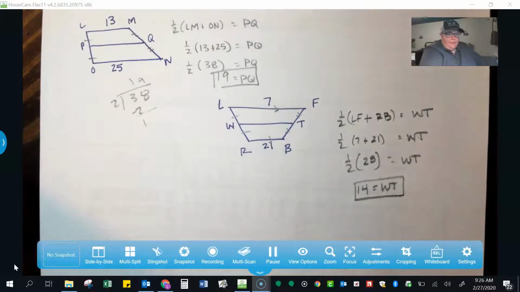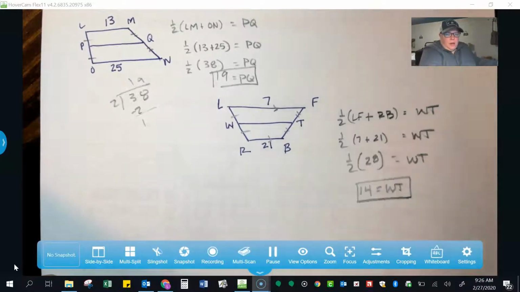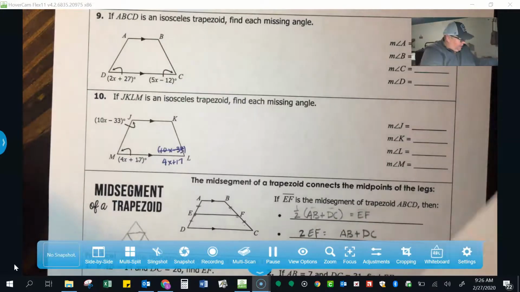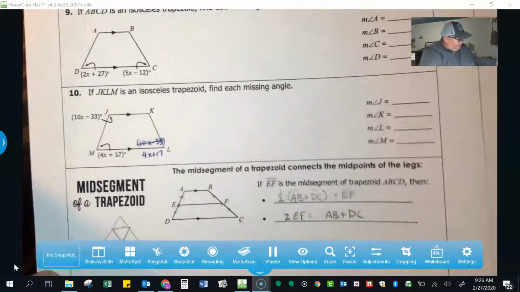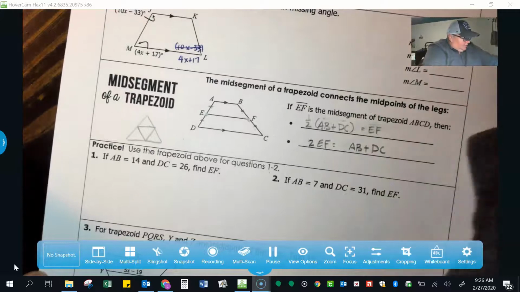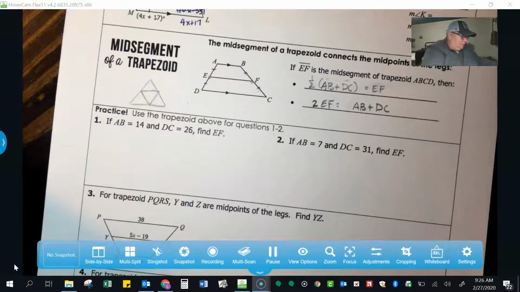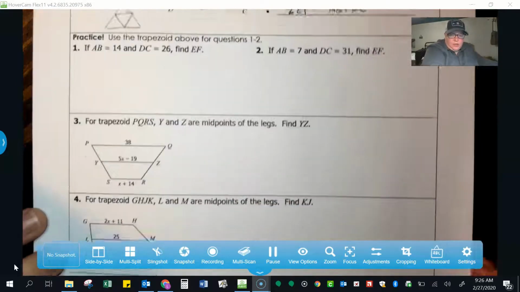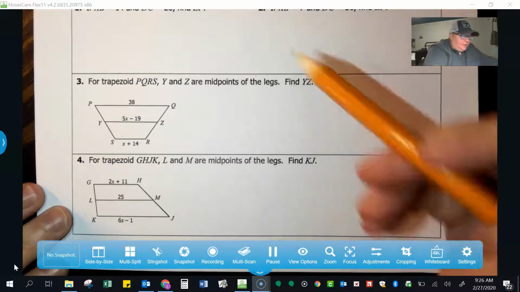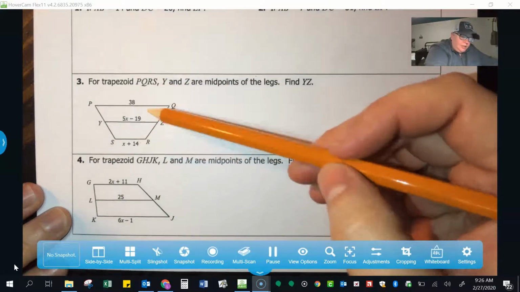Okay. All right, now let's look at 3 and 4. I want to help you set them up, specifically number 3. Well, you can set 3 and 4 both up the same way. It's a little easier when they throw algebra in here.